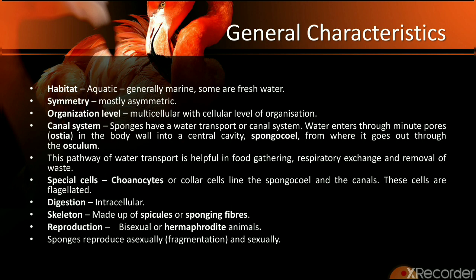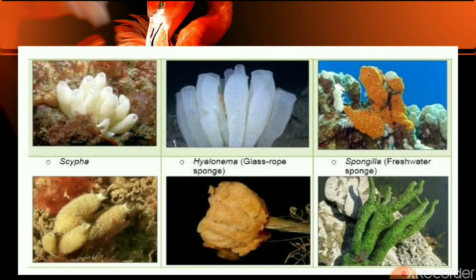Their larva is freely swimming in the water and is bilaterally symmetrical. But the adult stage is sessile or non-locomotory, and sometimes they may be radially symmetrical, but most of the members are asymmetrical. As you can see here, some examples of the phylum Porifera.